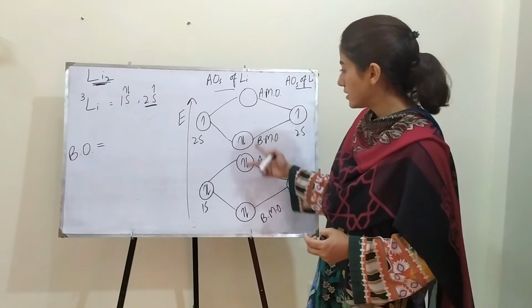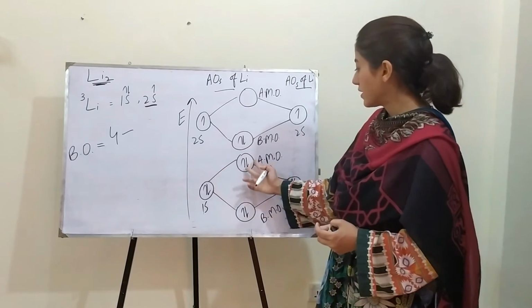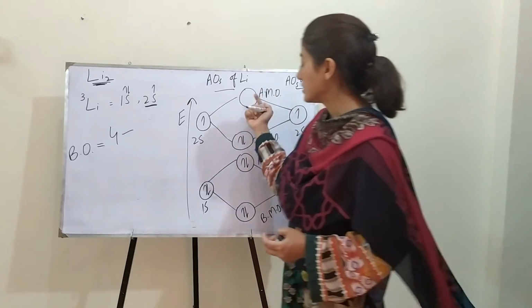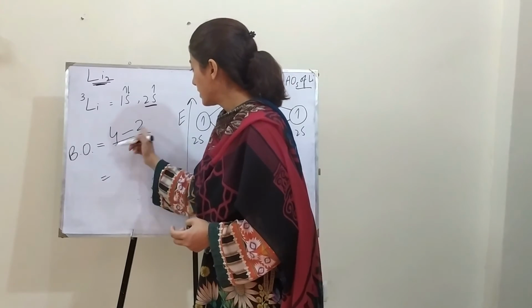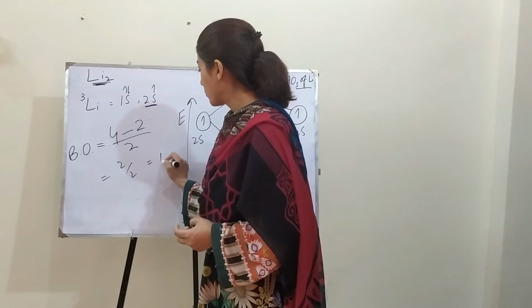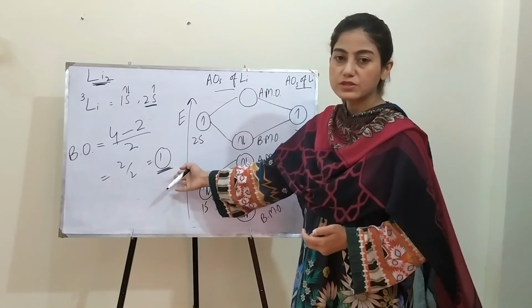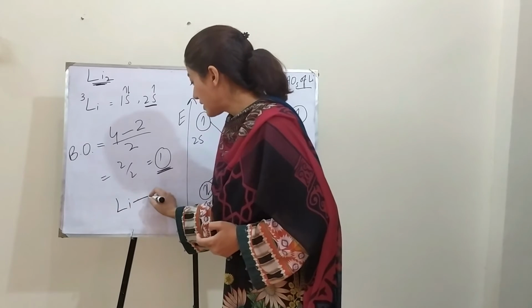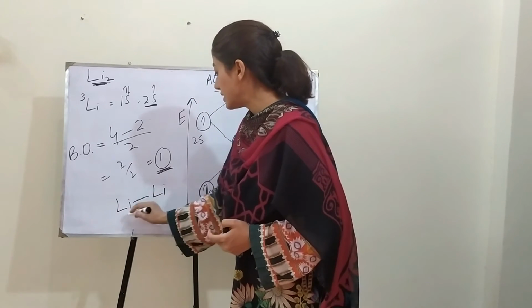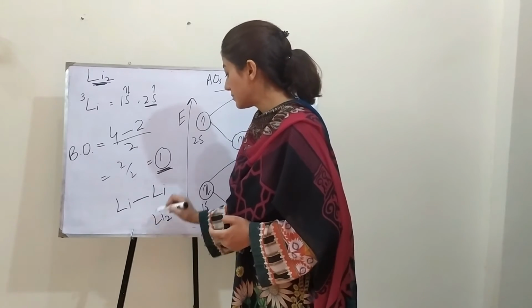So here there are total 4 electrons, and in antibonding there are 2 electrons here and no one is here, so only 2, and divided by 2. So here 2 over 2 would be 1. So here again the value of the bond order is 1, which determines that there is only one bond between 2 lithium atoms to form lithium molecule.